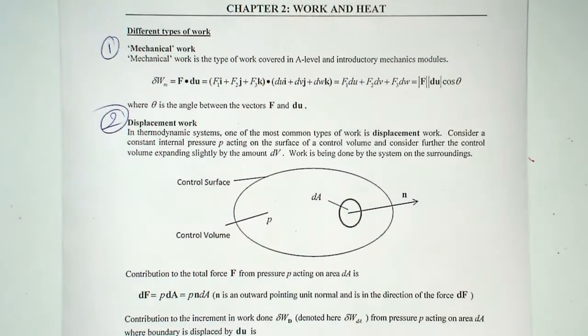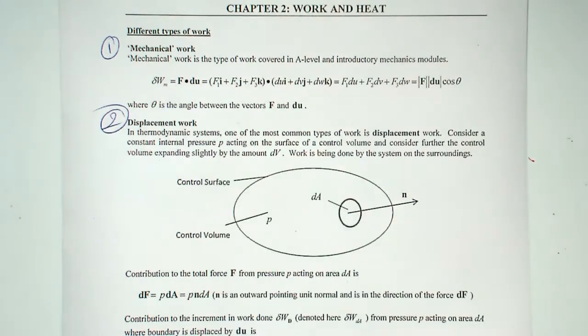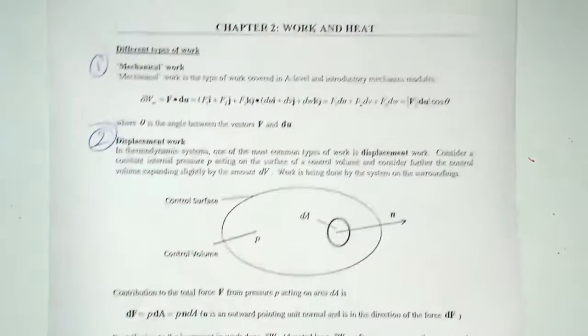Mechanical work is a type of work that you've been studying in physics, in A-levels, and in mechanics. So I'm not going to spend a lot of time on that. It's just to say that the work is the dot product of force and displacement. And when you have something in bold, remember the convention: this represents a vector, and that's why it's bold.